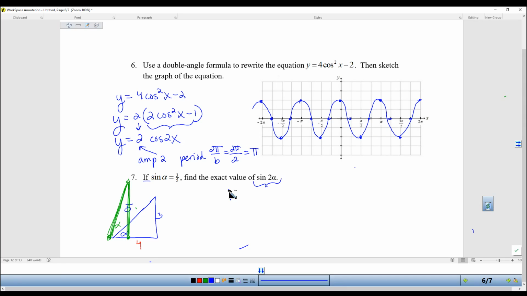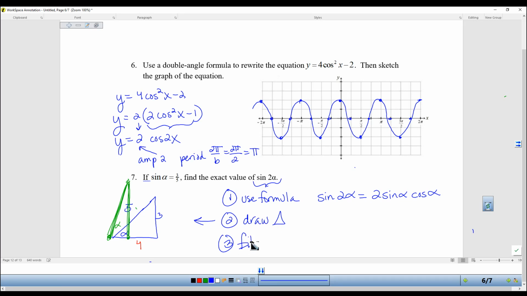So step 1, use the formula. Sine of 2 alpha is 2 sine alpha cosine alpha. Step 2, draw a triangle, which we already did. Step 3, fill in the formula.